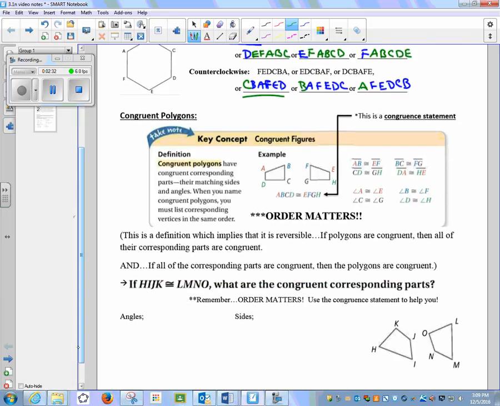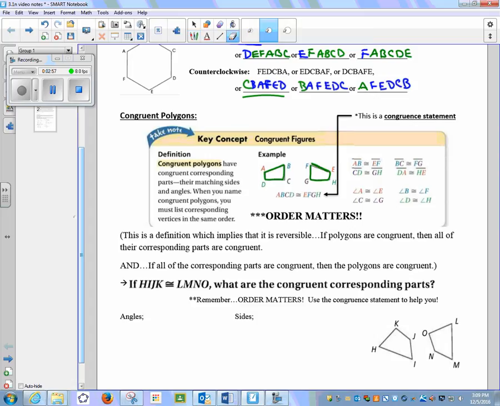All right, the basic concept here about congruent polygons is if you have two polygons that are exactly the same size and exactly the same shape, they're called congruent. So these 2 polygons, for example, are congruent quadrilaterals, 4-sided figures, but they're exactly the same.